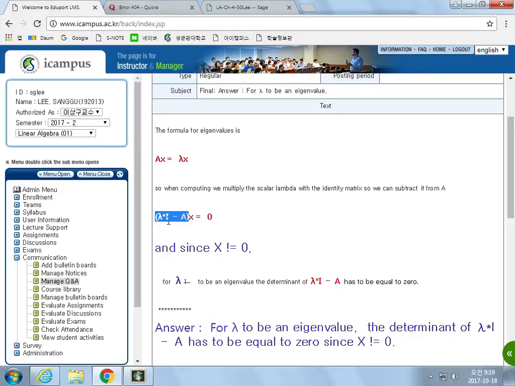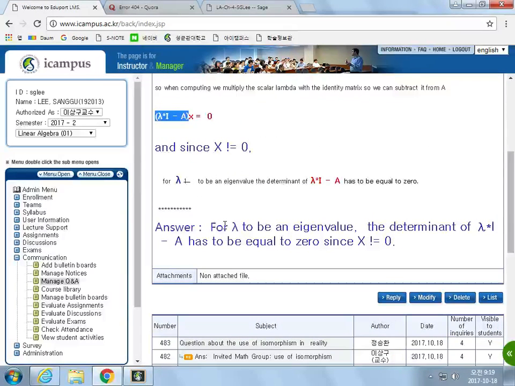If we multiply the inverse matrix of this on the left, then X should be a 0 vector, because a matrix times a 0 vector should be 0. So since X is not a 0 vector, the determinant of this matrix should be 0. So if lambda is an eigenvalue, then the determinant of lambda I minus A should be 0.